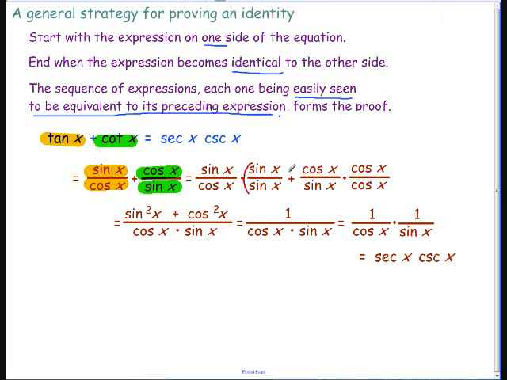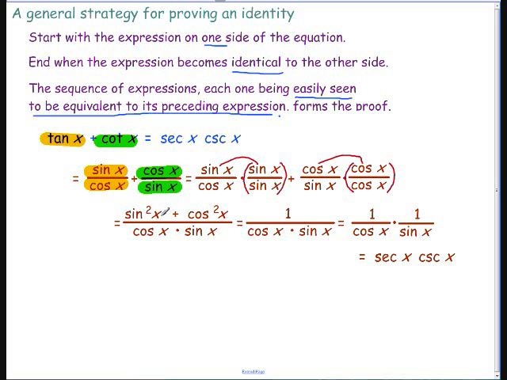So we multiply by a fancy 1, and we choose what that 1 is, depending on what was missing in the denominator. This one was missing the sine, so it's sine over sine. This denominator was missing cosine, so we're going to do cosine over cosine. We end up with these squaring.